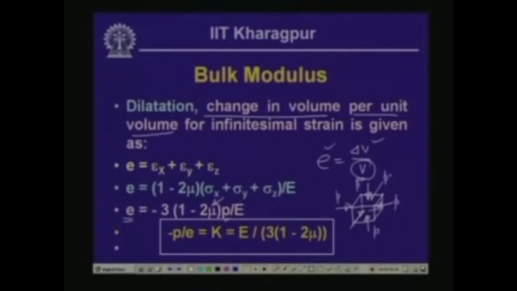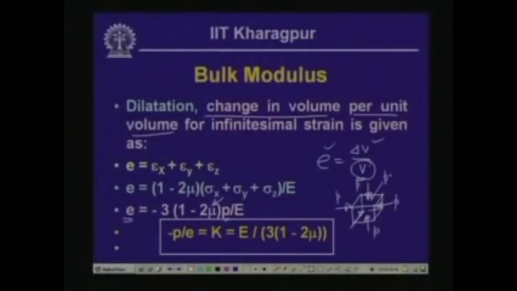That means that element is subjected to a compressive stress from all sides. So if you look at this expression, where E is equal to minus 3P by E times (1 minus 2 mu), the minus indicates that it is under compression.